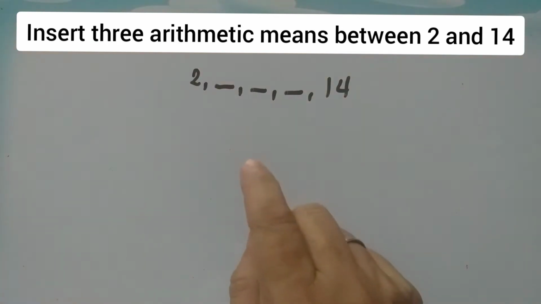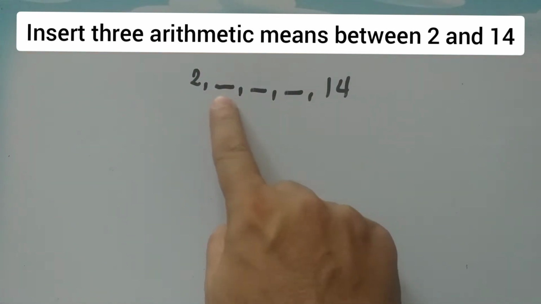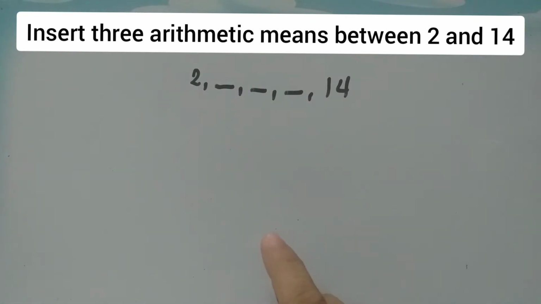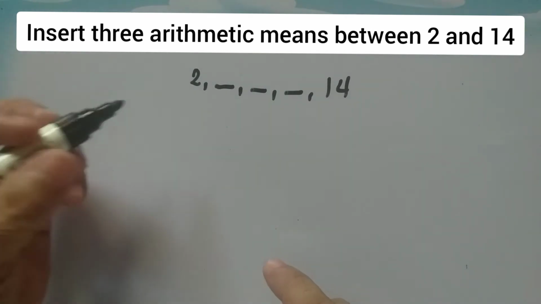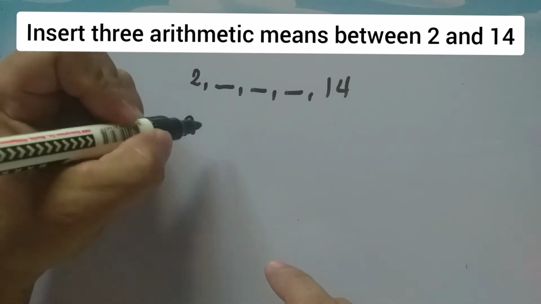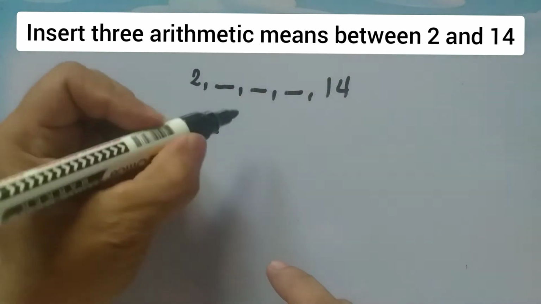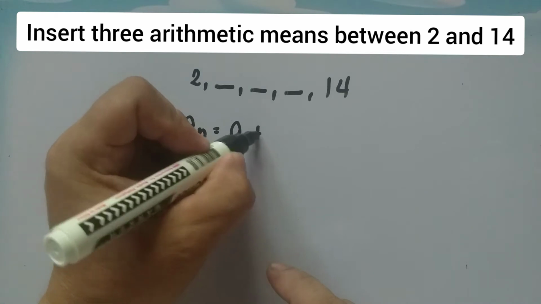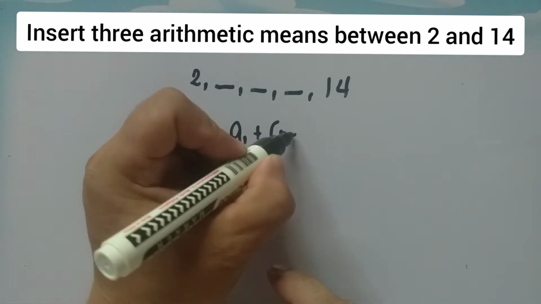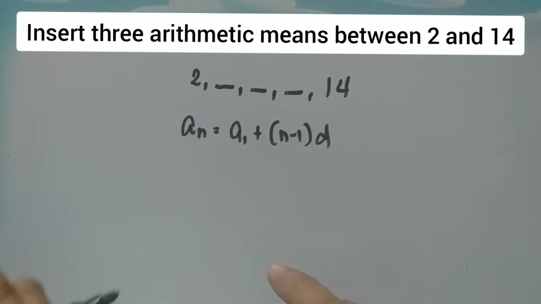Okay, so to find the arithmetic means, we're going to use the formula for the nth term of an arithmetic sequence, which is a sub n is equal to a sub 1 plus n minus 1 times d.